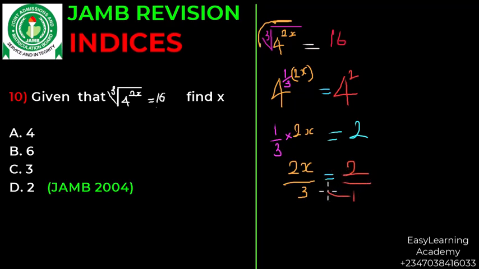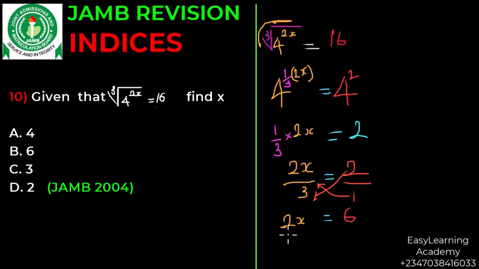The 1 here will cross over and multiply this, and the 2 here will come down and multiply this. So 1 times 2x is going to give us 2x, and 3 times 2 is going to give us 6. So this will be equal to 6.